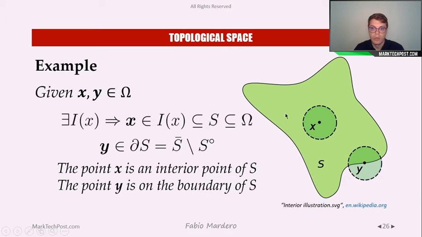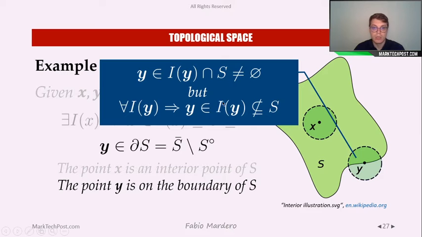Well, when we move the point around S but not in the border, because in the boundary, the border of S, for example in here, we can see that we cannot find such a neighborhood. Here is Y. Y lies inside the disk, but it doesn't stay fully inside S. This expression for Y is not satisfied.